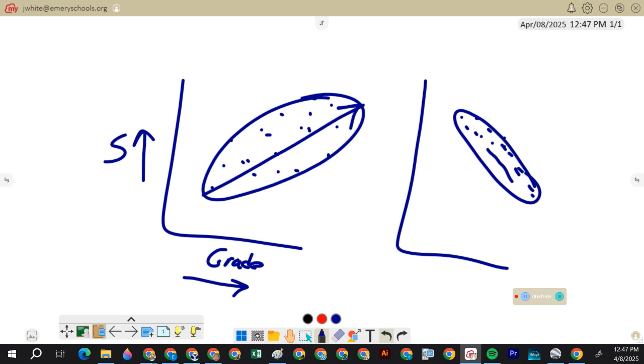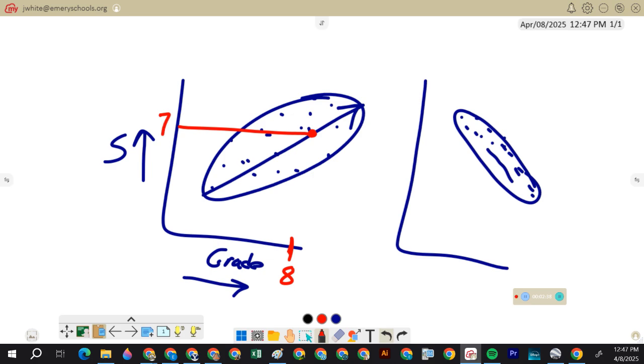And there is a number that comes with correlation that gives us a sense of how accurate a prediction would be. So if I were to tell you somebody is in this grade, could you predict what their shoe size is? And what we do is we come up here to this line and we would say, okay, 8th grade, we predict a shoe size of, I don't know, 7, something like that, right?